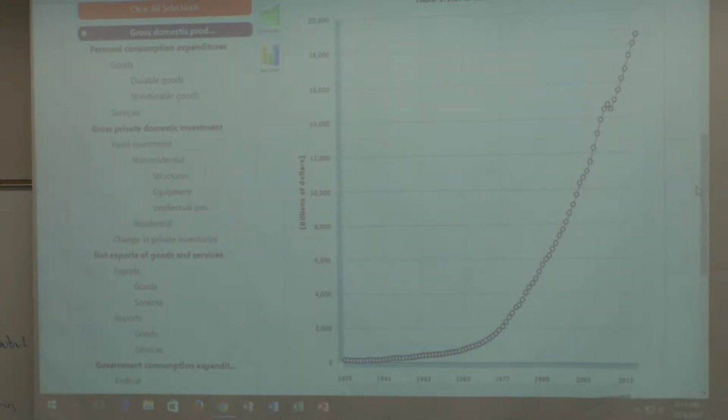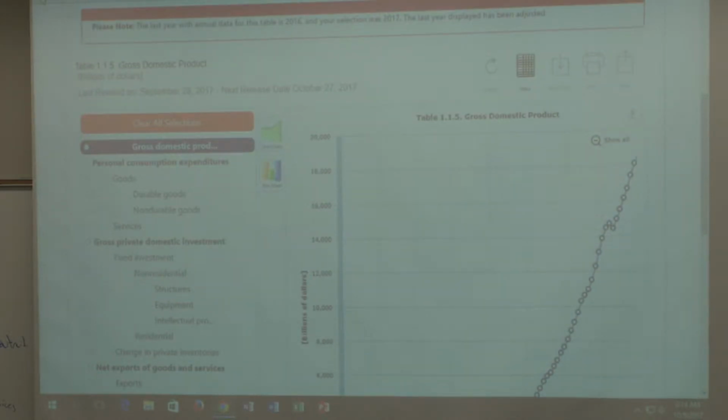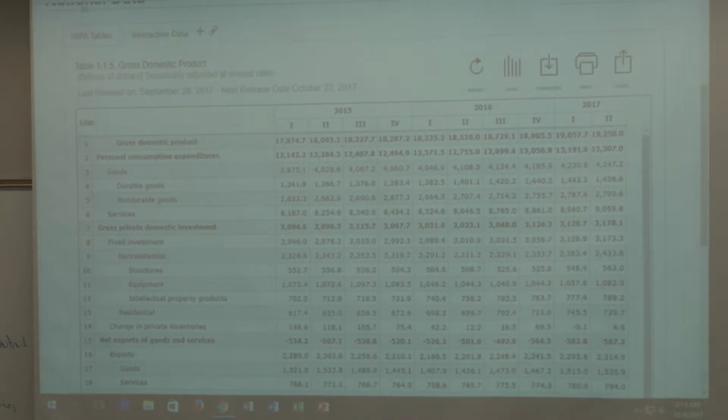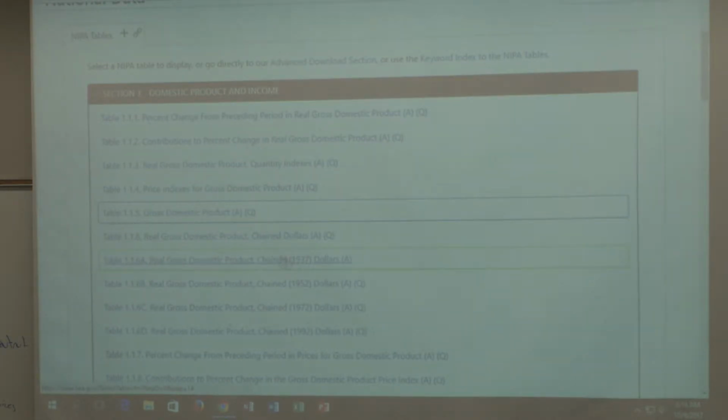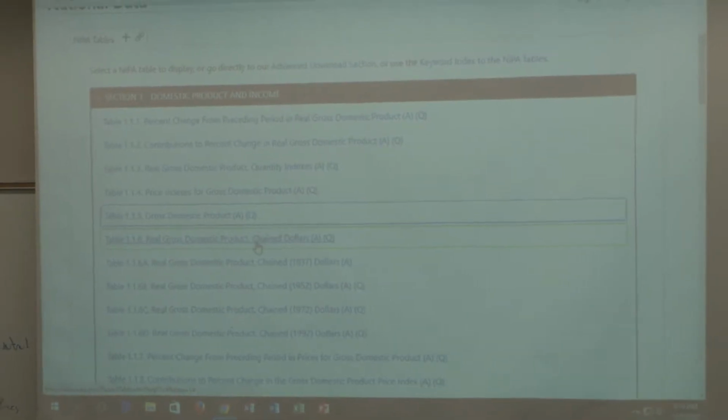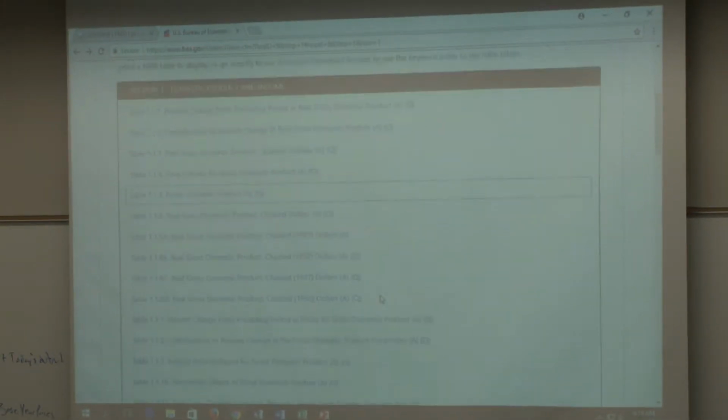But if we were to look at some other components, let's say real GDP. Here's what I mean by these different price indices. We can look at this in terms of 1937 dollars, or 1952, 1972, 1992. You can look at whatever year you want. It can be anything.